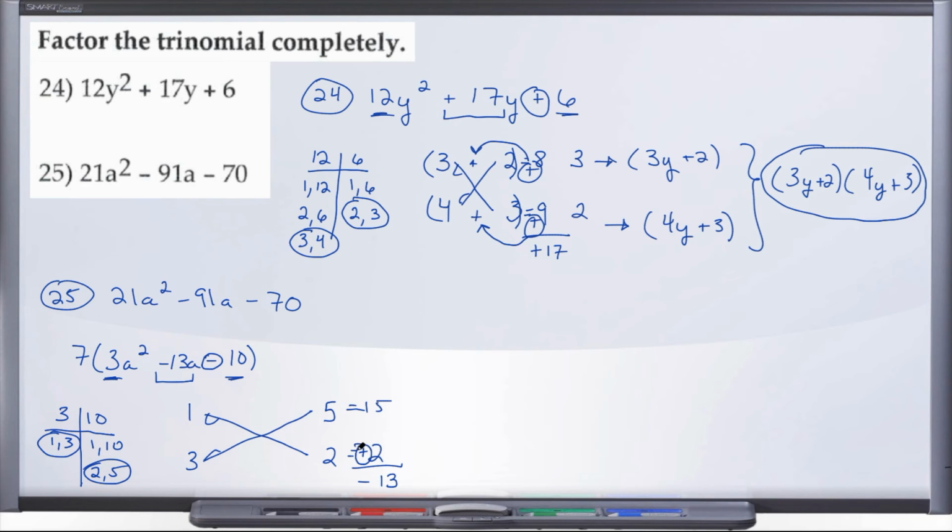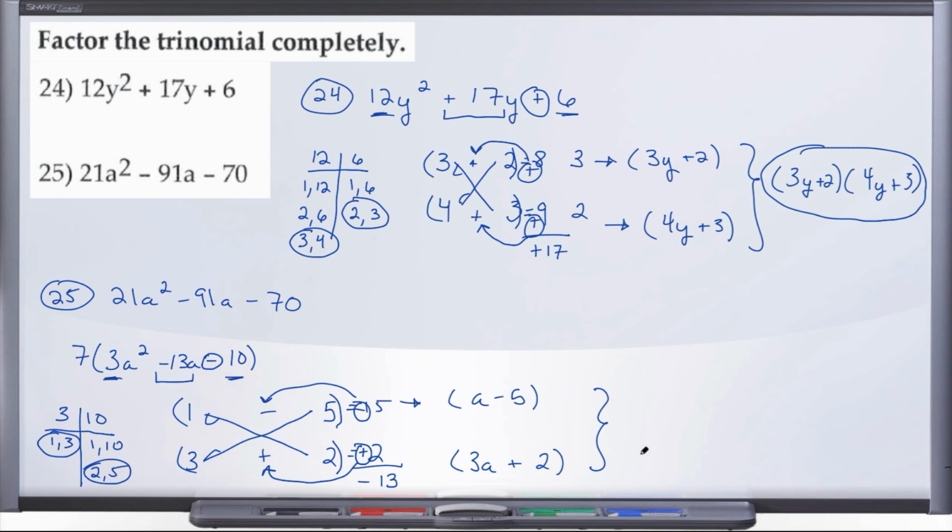And again, whatever sign we put with that cross product is just going to bounce over. We put a minus with our 15, so that minus is going to bounce over. And now we will wrap the factors that we were working with. And so this becomes now, let's see, we're working with a, so this will be a minus 5. This will be 3a plus 2.